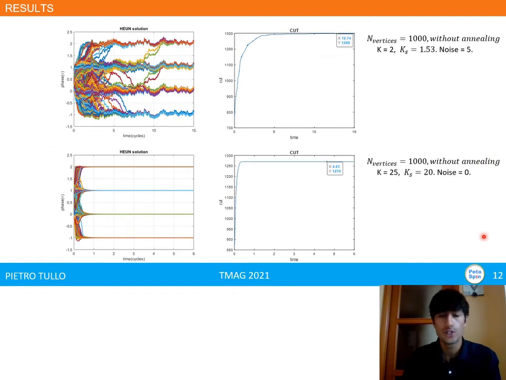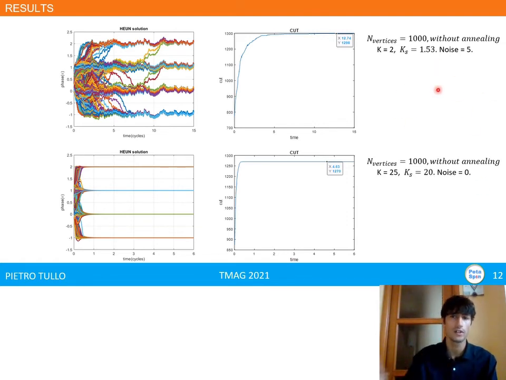Here we show that the presence of noise helps us to have a better result than the case without noise, for a system with a lot of vertices, a lot of elements, and then oscillators.